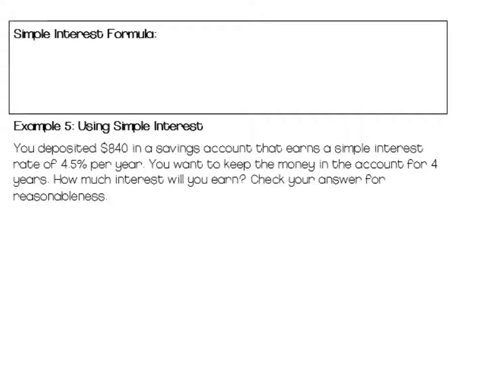Now I'm going to show you the simple interest formula. Simple interest formula is just like it says, it's simple interest. The formula is I equals PRT. Then you need to know what each one means. So I is interest.